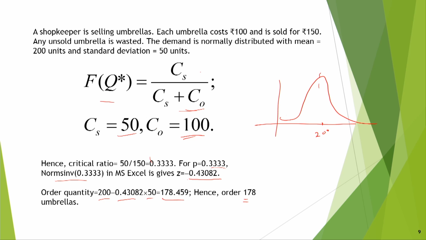If you order 200 units, there is a 50% chance you will be stocked out and a 50% chance you will not. In this case, you have to order 178 umbrellas. So that is one problem.